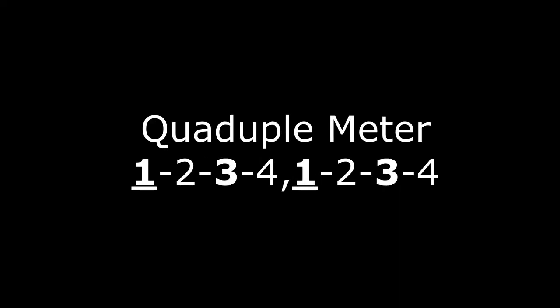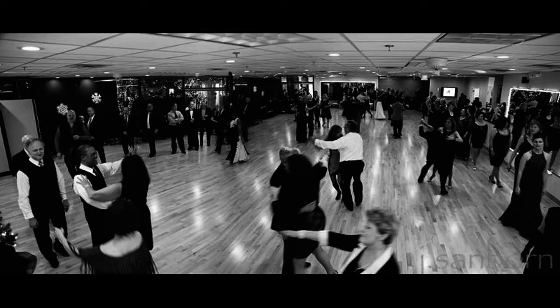Quadruple meter has one accented beat, then an unaccented beat, followed by a slightly less accented beat and another unaccented beat. 1, 2, 3, 4, 1, 2, 3, 4, 1, 2, 3, 4. For dancers, the difference between duple and quadruple doesn't really matter, so I'll just say even or odd meter.